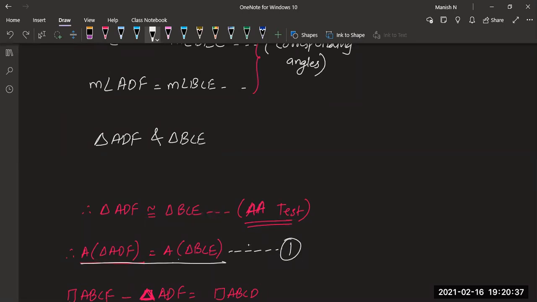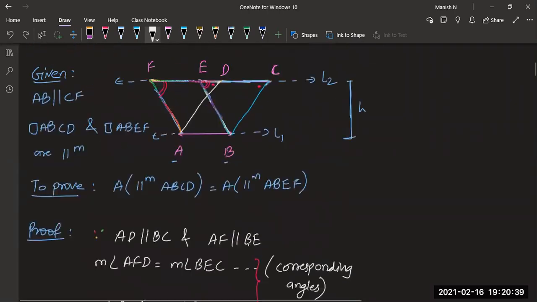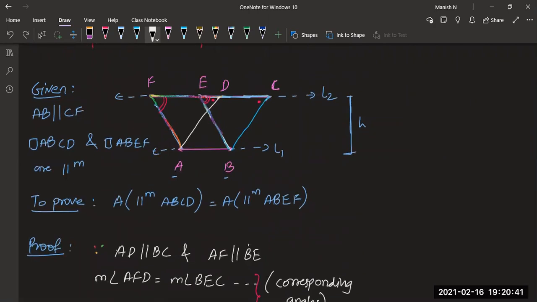Now consider quadrilateral ABCF, the entire trapezium ABCF, right? If you subtract triangle ADF from this, what do we get?